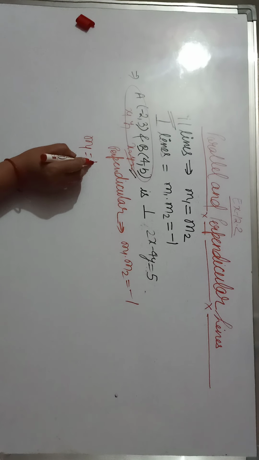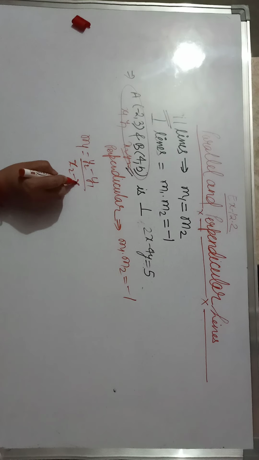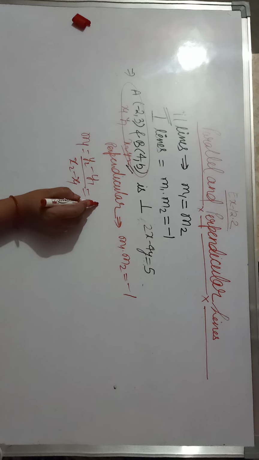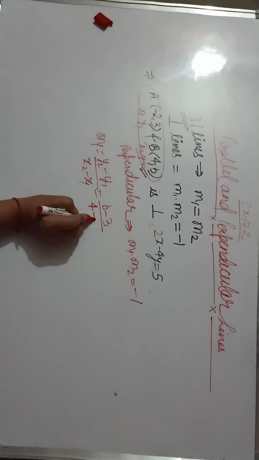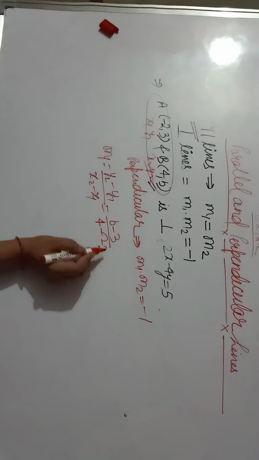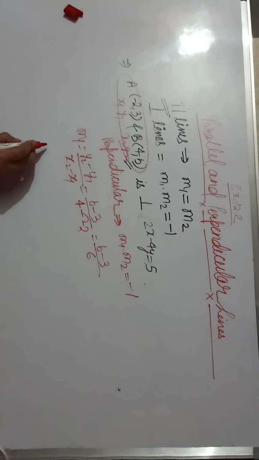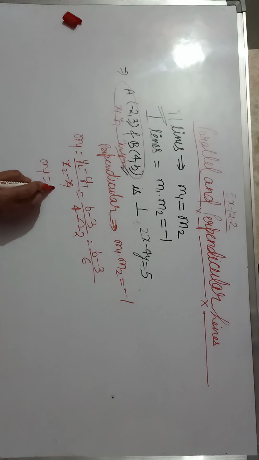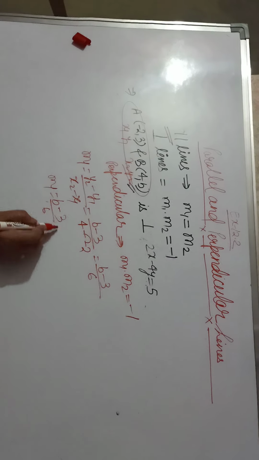So m1 is equal to y2 minus y1 by x2 minus x1. In place of y2, b; y1 is 3, x2 is 4, x1 is minus 2. So minus minus becomes plus, b minus 3 by 6. So m1 is equal to b minus 3 by 6.